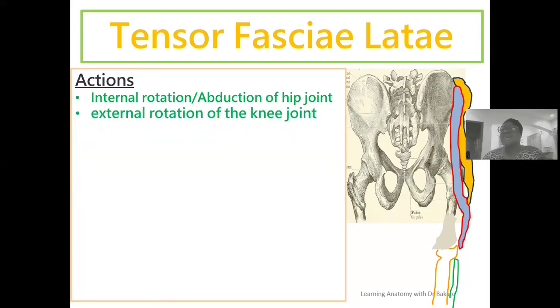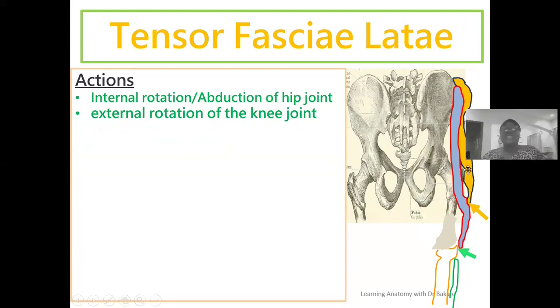We say that the tensor fascia lata at this inferior end, arrowed here in yellow, is inserted on the iliotibial tract, while the iliotibial tract finally will be inserted on the lateral condyle of the tibia, specifically on Gerdy's tubercle. Because of this relationship between these two structures, the iliotibial tract crosses over the knee joint.